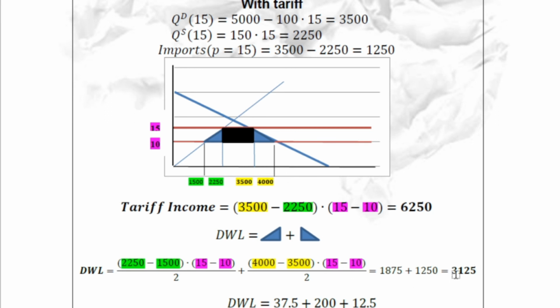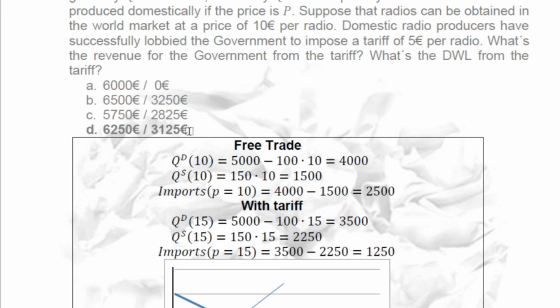So at the end, 1,150 25. This must be for another exercise, don't pay attention to it, I'm sorry. So the correct answer is this one.